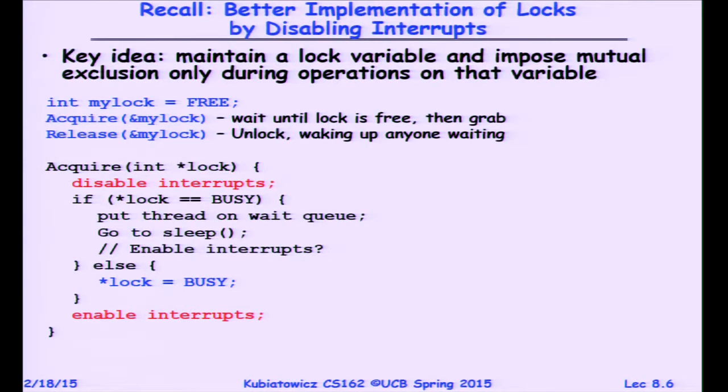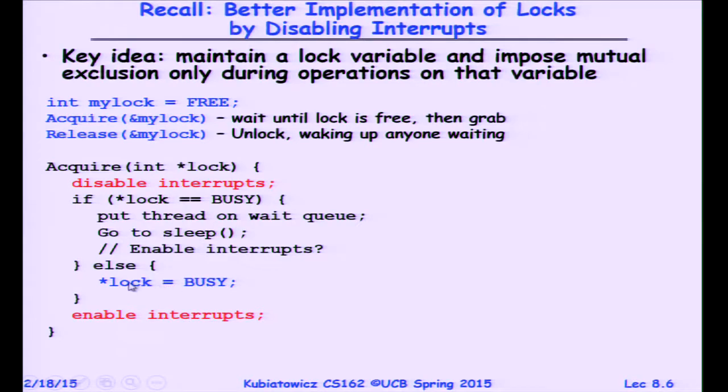Okay, and so what you see here is there is a lock called mylock, which I'm going to set to free, which could be 0 or whatever, it doesn't matter here. And then I'm going to have acquire and release methods. You pass in an address to mylock. Let's look at what acquire looks like. It takes in an address to an integer for the lock. We disable interrupts. We say if the lock is busy, put the thread on a wait queue and go to sleep.